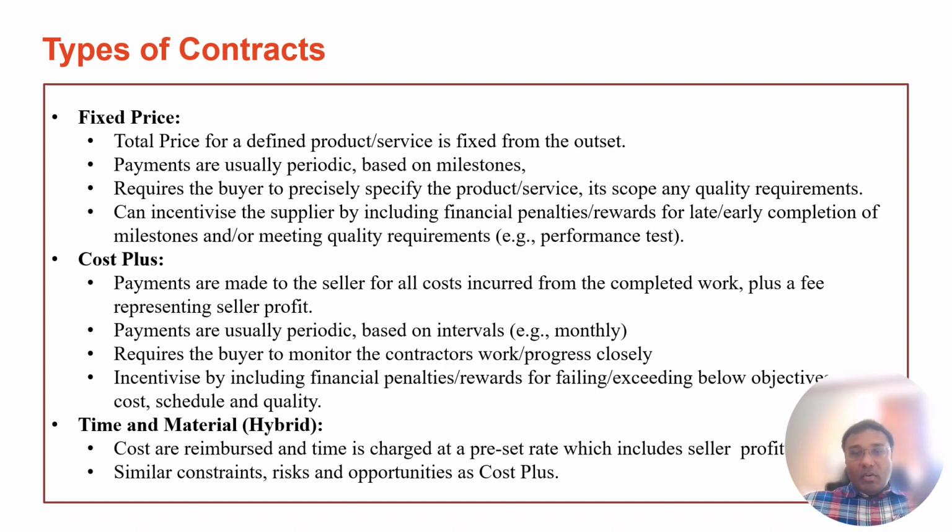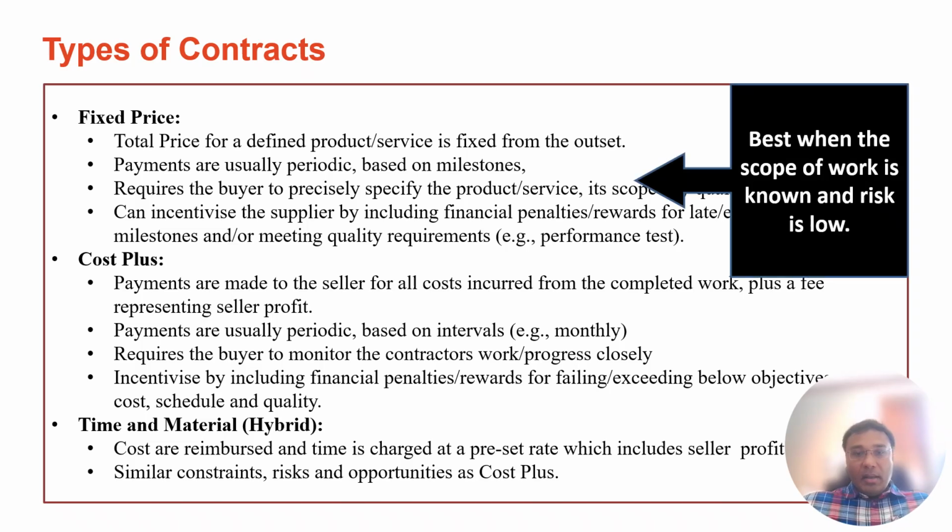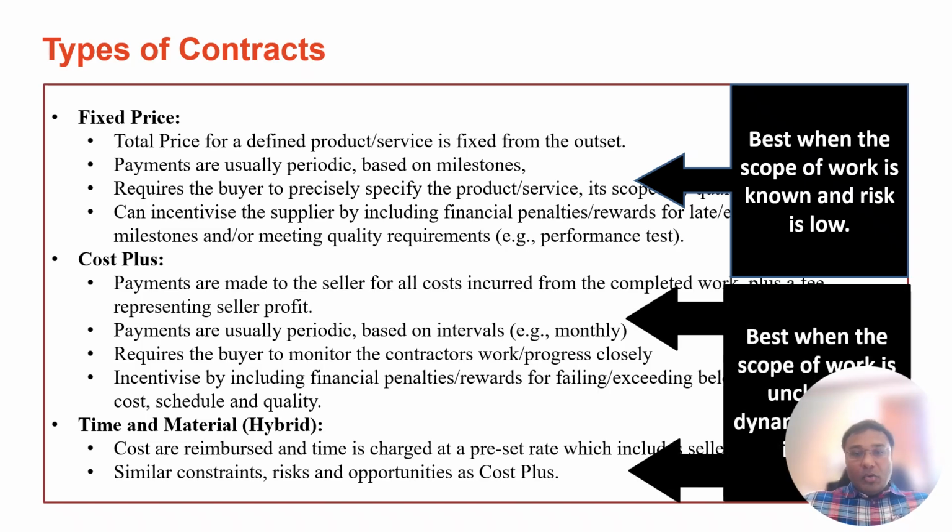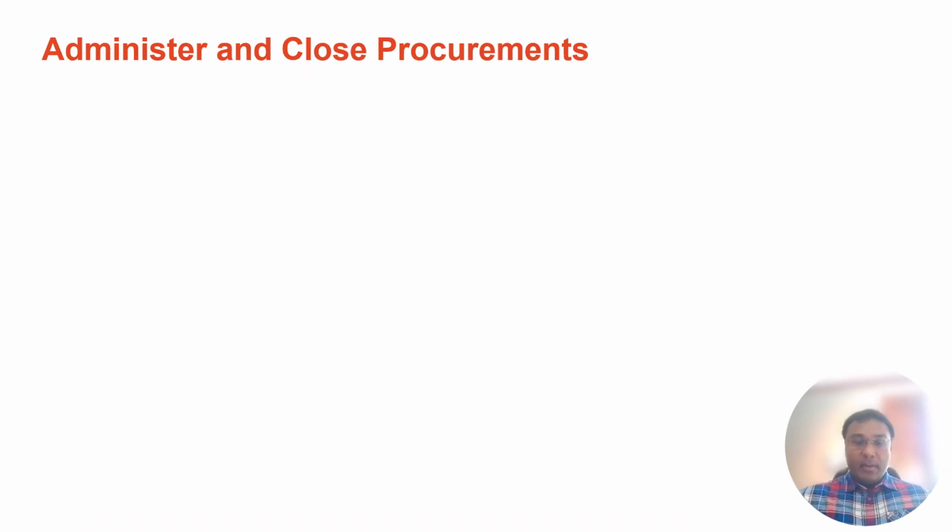Choosing the right contract, as a project manager, is a very important part of project procurement strategy. Fixed price is used when the scope is known and clear, and when the scope is uncertain, you use cost plus or time and material.